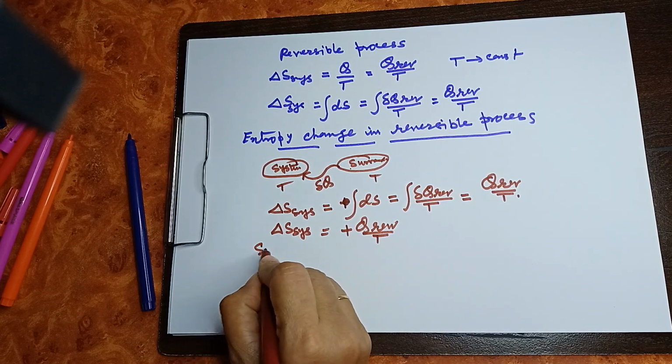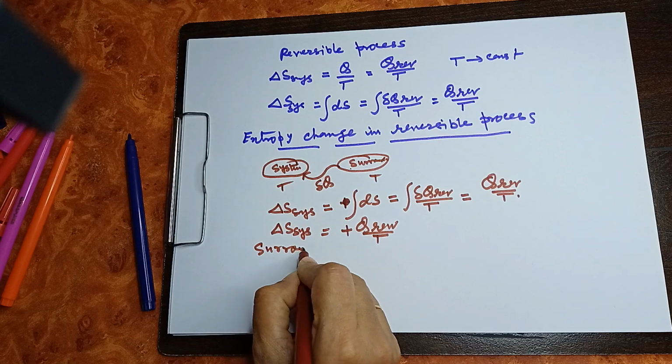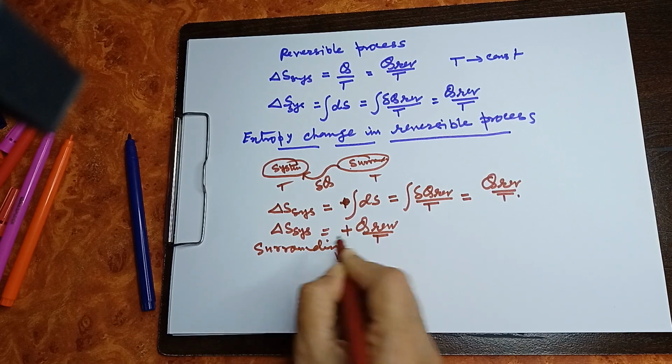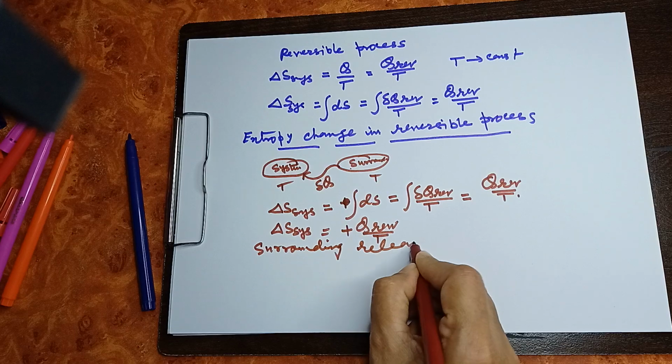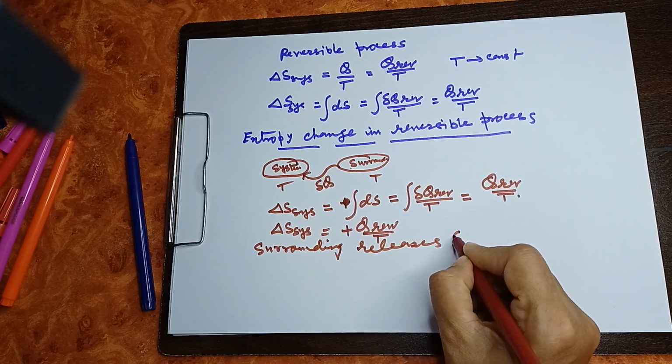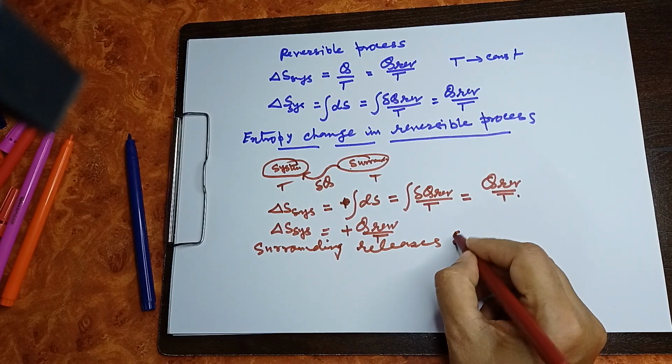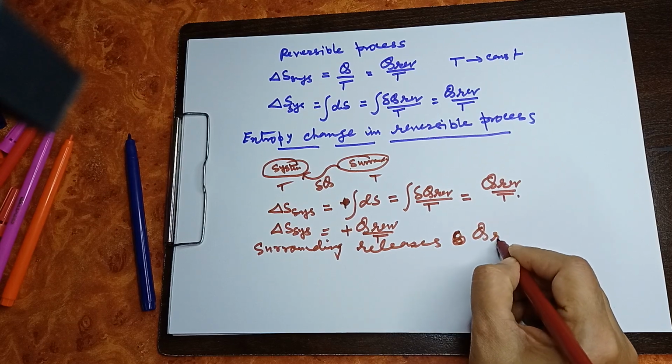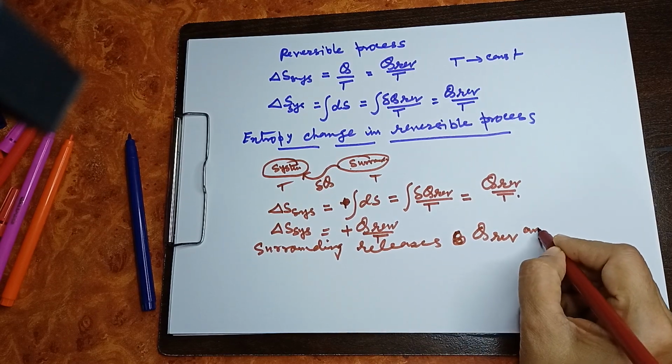Now the surrounding releases del Q, or overall Q reversible amount of heat.